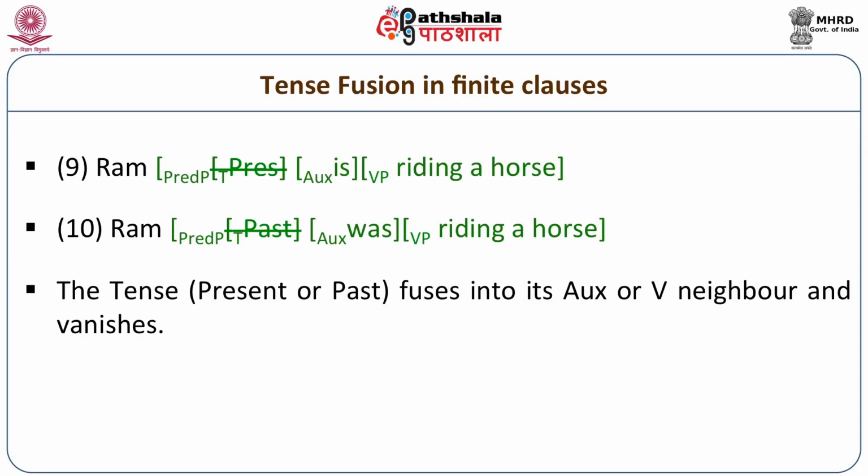Thus, in the man is riding a bicycle, is licenses the participial ending on riding. In the man has ridden a bicycle, has licenses the en on ridden. In contrast to participial clauses where the licensing is done by a separate tense element.